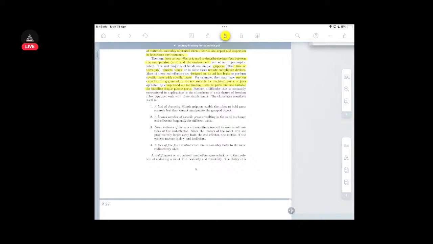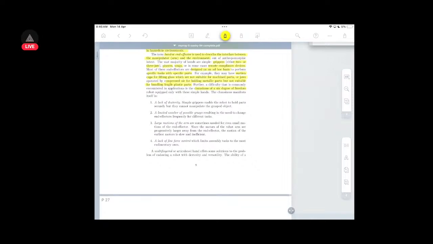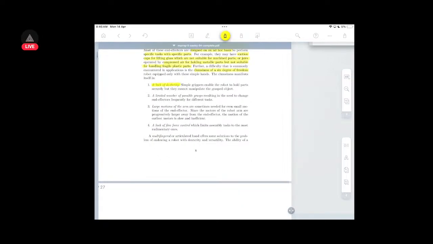The difficulty that is commonly encountered in applications is the clumsiness of a 6 degree of freedom robot, because of a lack of dexterity. Simple grippers enable the robot to hold parts securely, but they cannot manipulate the grasped object, and the limited number of possible grasps results in the need to change end effectors frequently for different tasks.